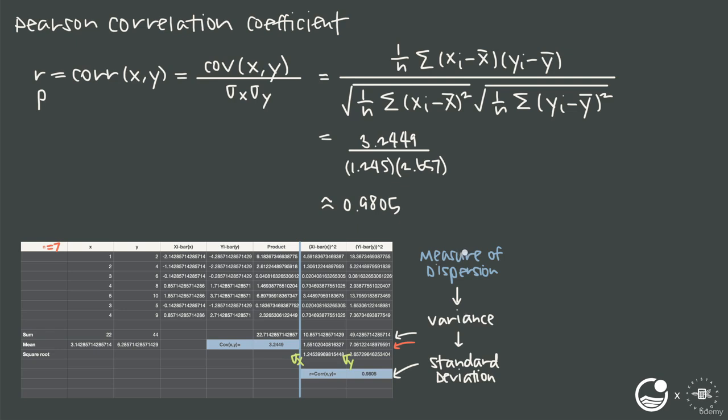If the original data was given in meters, then variance would always be in meters squared. So if we take the square root of variance, we get standard deviation, and the units of standard deviation match the units of the original data.